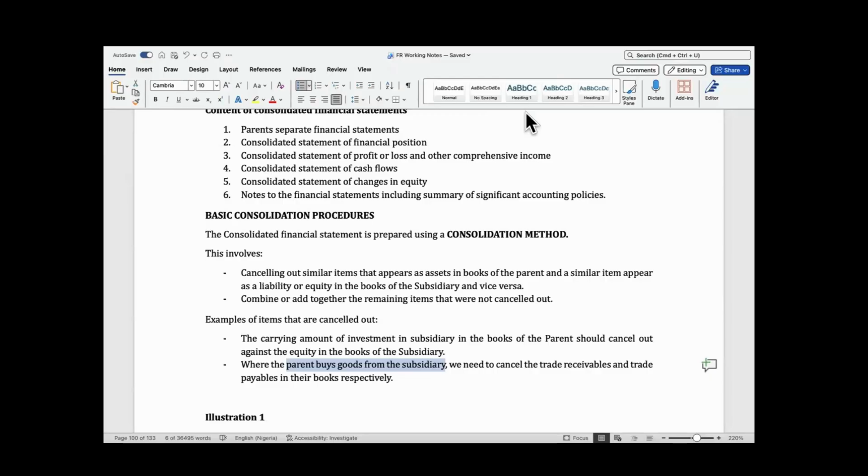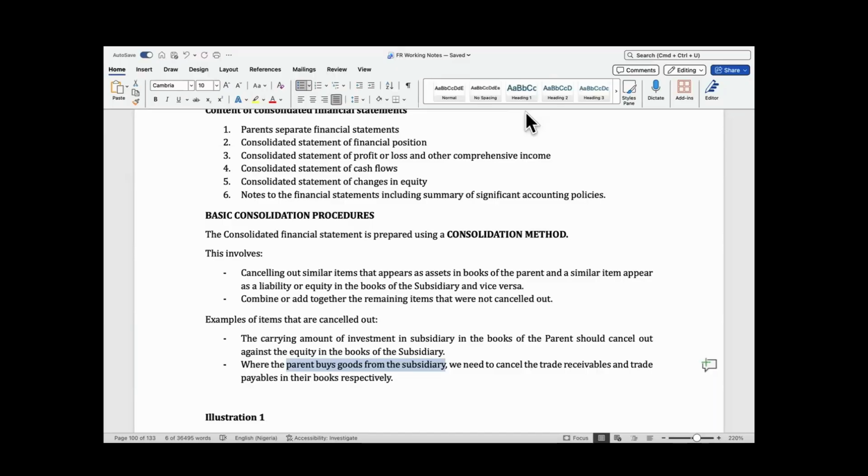We want to see you as a single unit. We don't want to see transactions you have with yourself. And that is why the approach to consolidation is what we call an acquisition method or a consolidation method using cancellation rule. And that's all it is about.